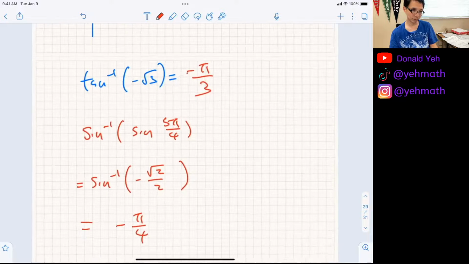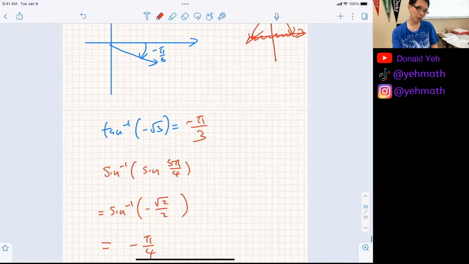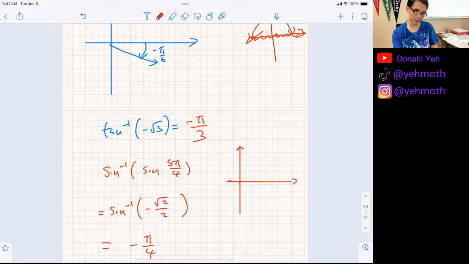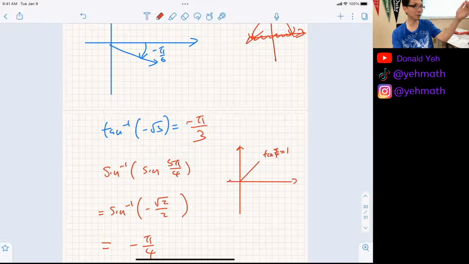You've got inverse tangent of negative root 3. I tell students to memorize three values, and the ones for tangent are really easy. The first one you don't need to memorize: tangent of pi over 4 is equal to 1, because you get square root 2 over 2 over square root 2 over 2, which is just 1.